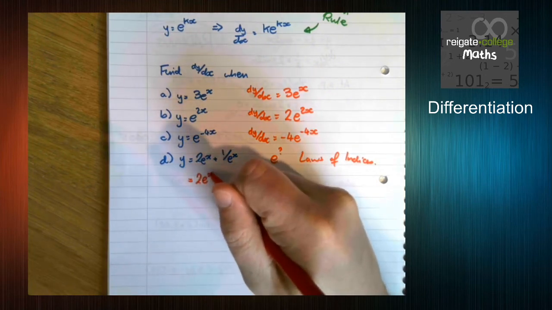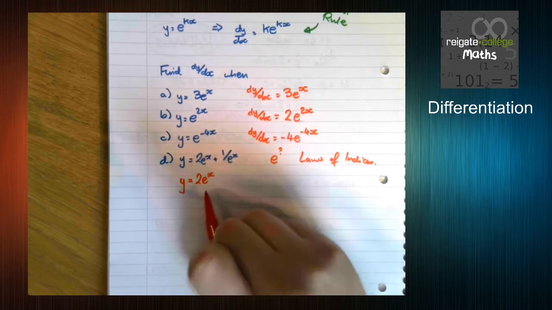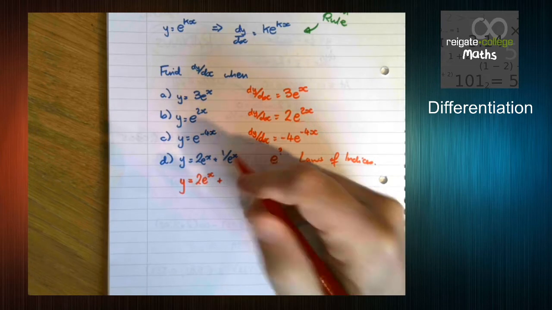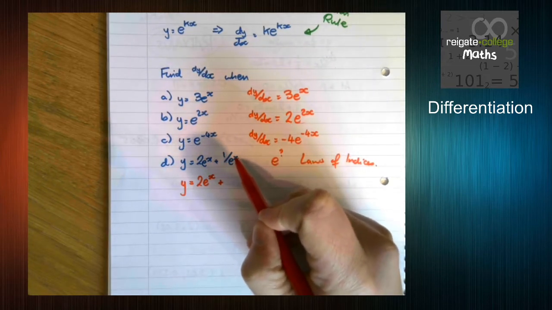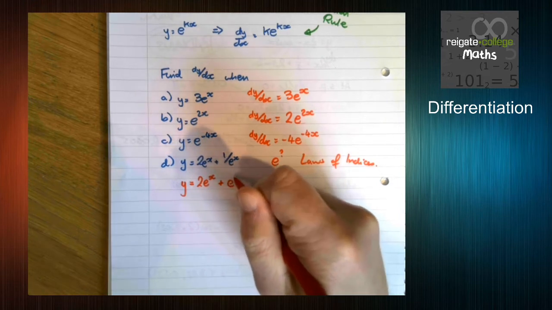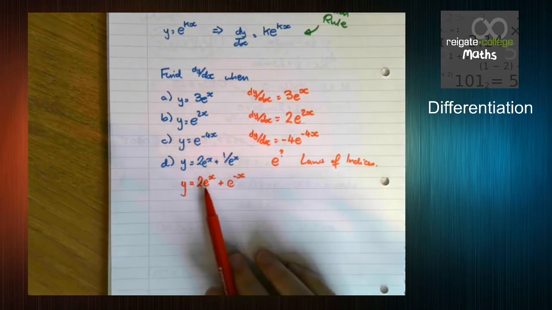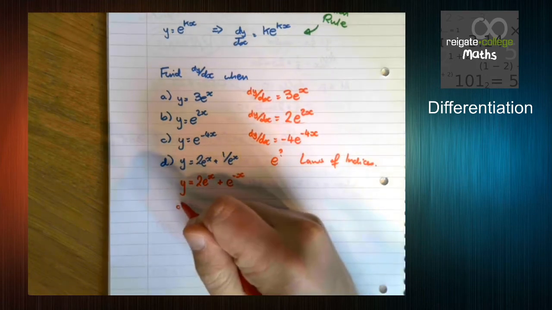So the 2e to the x, that just stays as it is. Remember, we haven't differentiated yet, so it's still y equals. 1 over means we change whatever power this is to a minus. Now we've got things in the form e to the power of stuff we can differentiate.